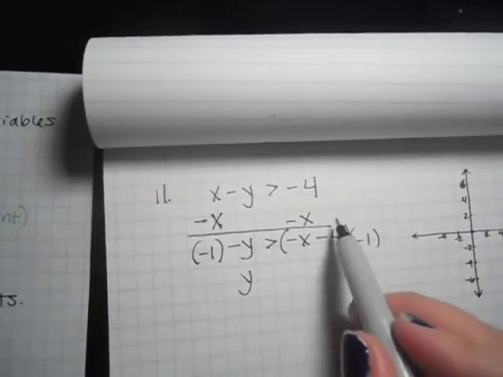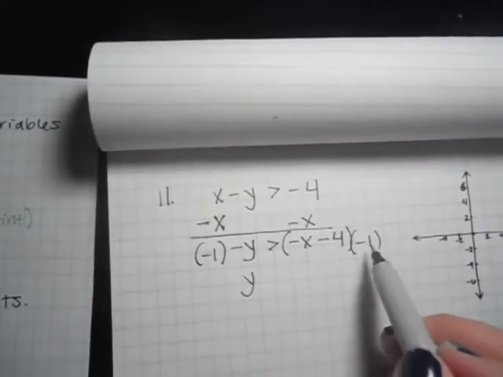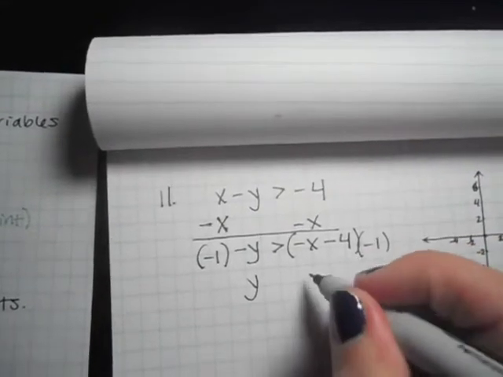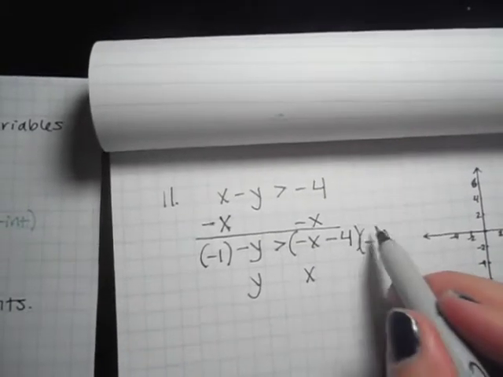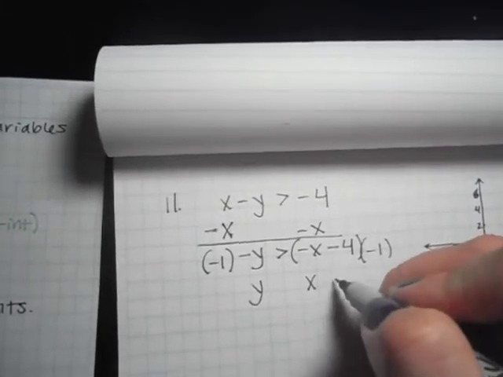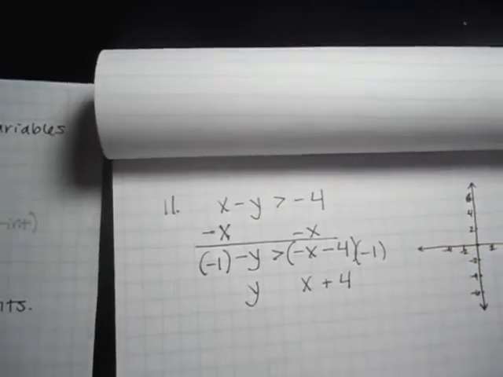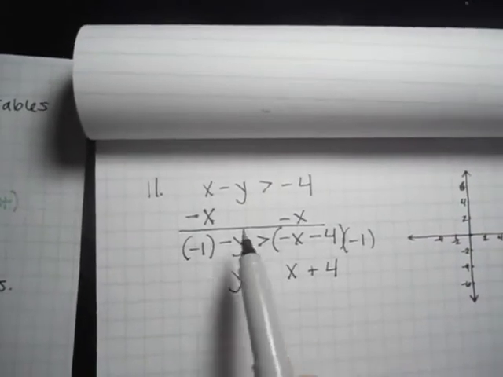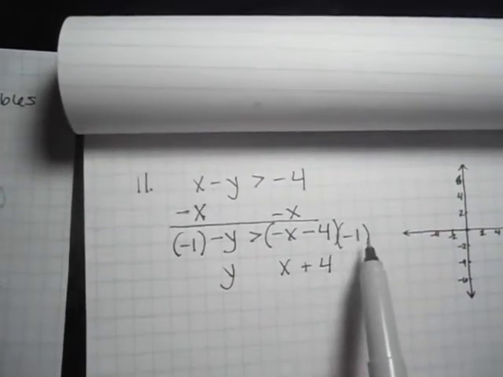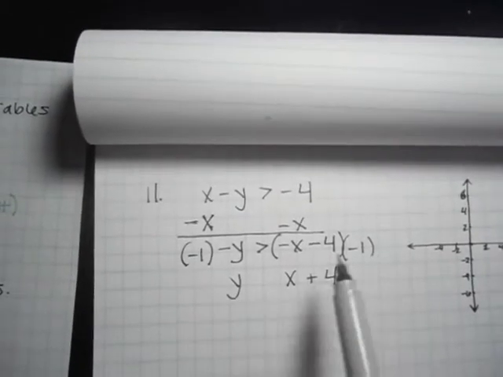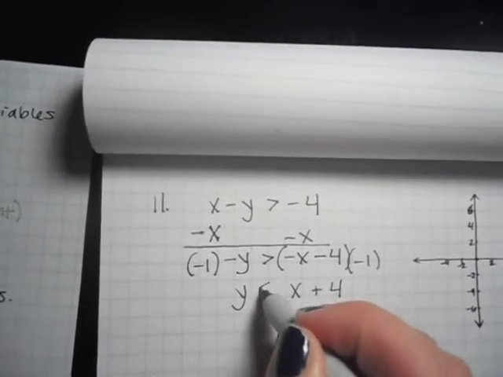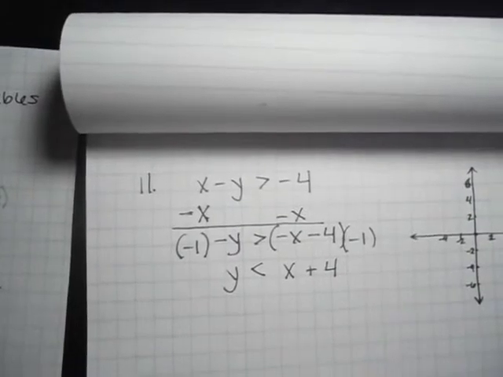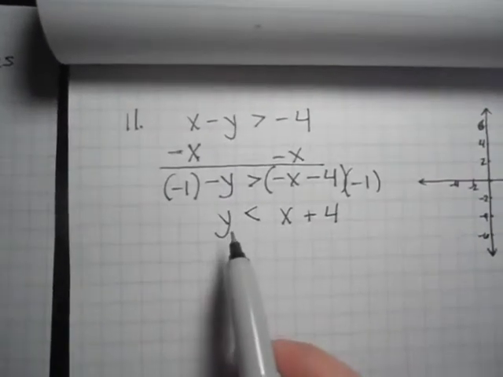Negative 1, I will distribute it to each term. Negative 1 times negative x is going to be a positive x. Negative 1 times negative 4 will be a positive 4. Now we're working with inequalities, and I've just multiplied a negative number to both sides. That means we flip the inequality. So now we have y by itself.